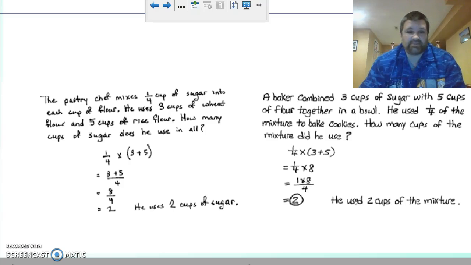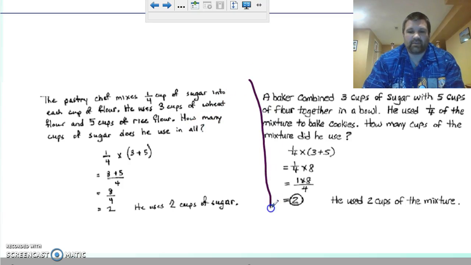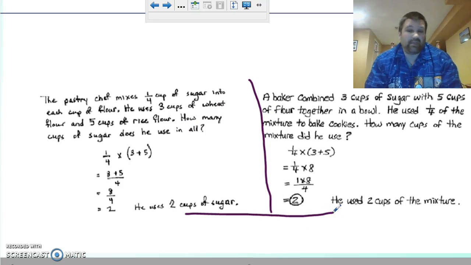So we could say the pastry chef mixes 1/4 of sugar into each cup of flour. He uses 3 cups of wheat flour and 5 cups of rice flour. How many cups of sugar does he use in all? Or we could have the other one. So you choose whichever one. If you have a different one, come show me, and then we'll just make sure that it's correct.